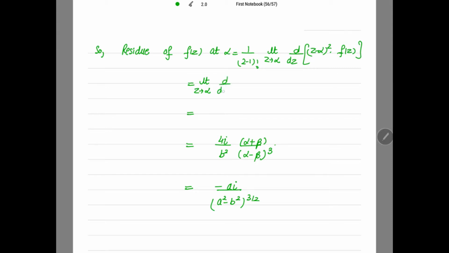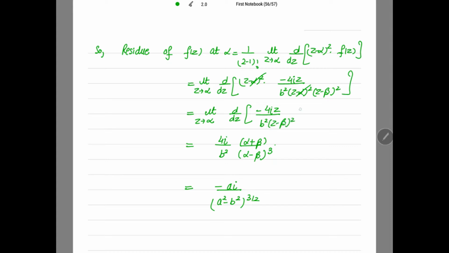So d by dz of (z minus alpha) square into minus 4 iota z over b square (z minus alpha) whole square (z minus beta) whole square. (z minus alpha) square cancelled out and you will be left up with limit z tends to alpha, derivative of this with respect to z: minus 4 iota z over b square (z minus beta) whole square.